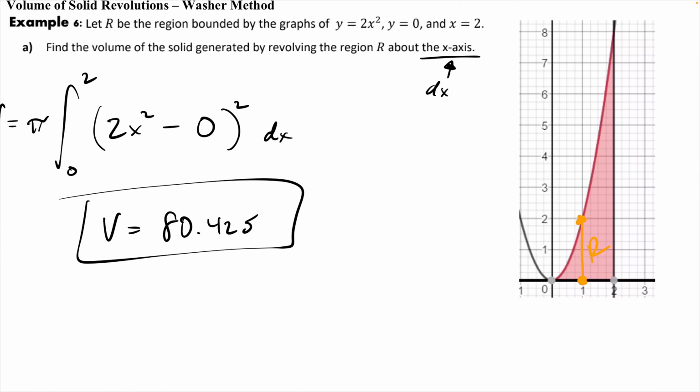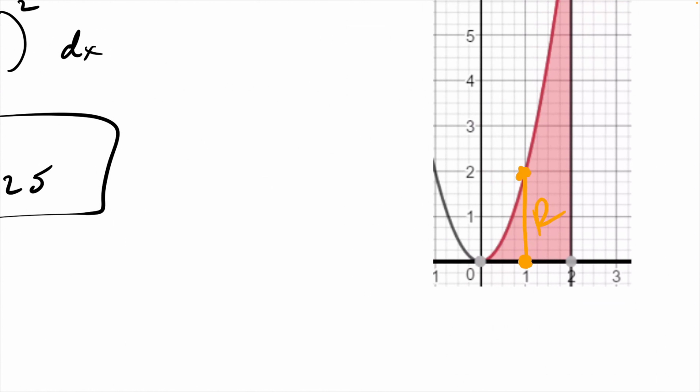That's big R. Little r is from the axis of revolution to the beginning of the shade, right? How do I make a segment that goes from the axis of symmetry to the beginning? It's just a dot, right? And a dot has no length. So little r would be 0.